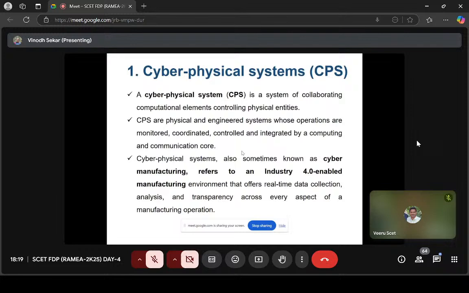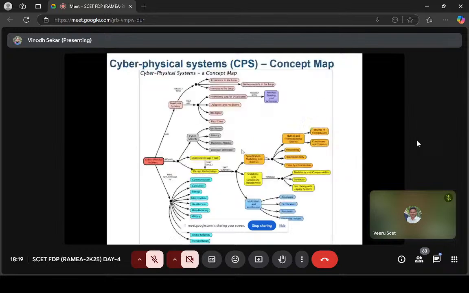In the third revolution, IT, information technology, was the base. But now the cyber physical system, CPS, is the base. It helps us in terms of coordination, in developing collaborating computational elements which can control the physical entities. And it facilitates data collection, data analysis, and ensures transparency across various manufacturing operations.